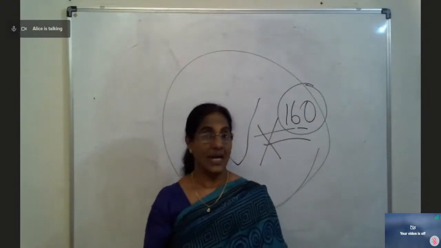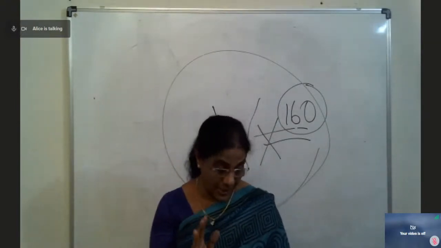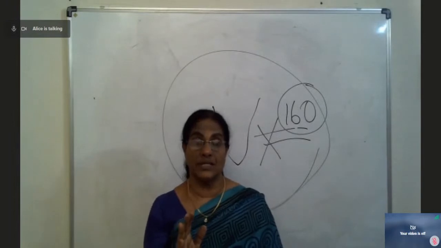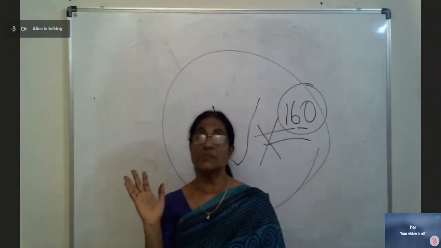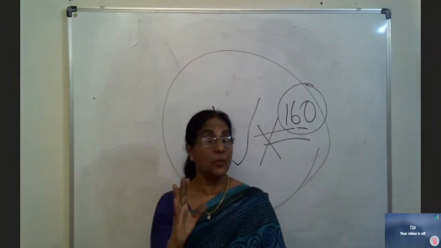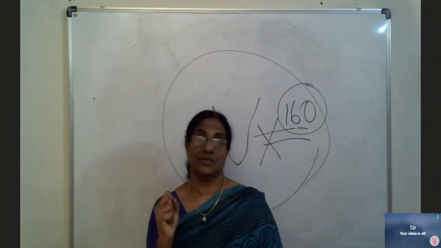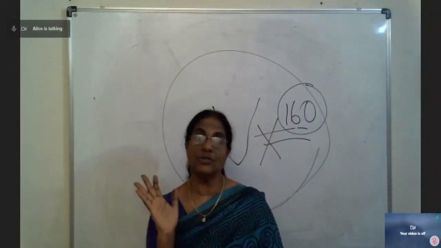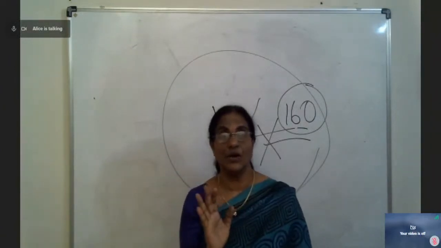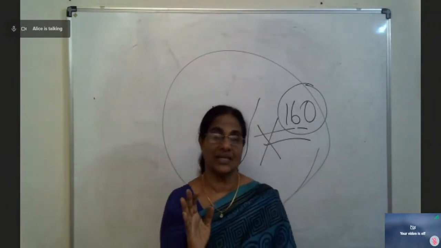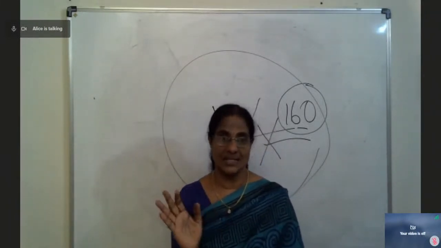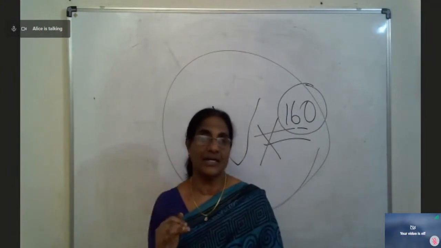Then export subsidy, which I have already discussed. Export quotas: you will export only this much. Export prohibition. Voluntary export restraint. These are the points given in your book. So two categories I said, right?